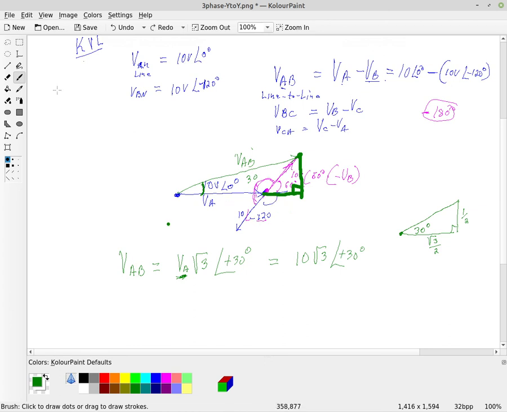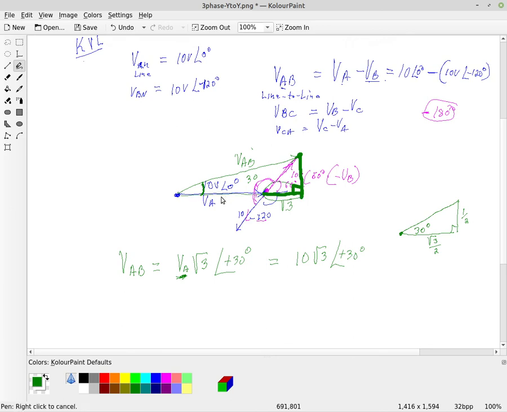This green section that I drew here is basically the square root of 3 times VA, this entire length.